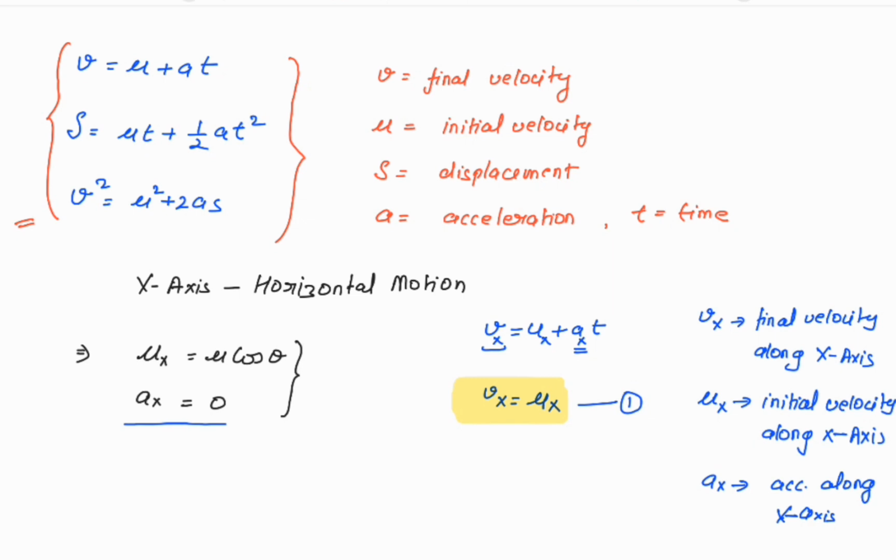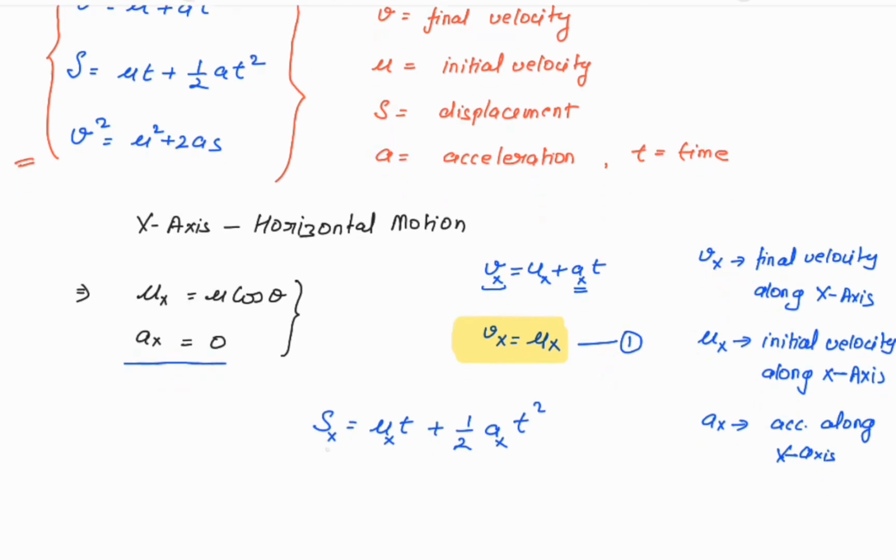Now, how to modify the second equation? We know the second equation is s equals ut plus half at squared. First write the equation as it is, and write x because it represents the x-axis or horizontal motion. Now I'm going to calculate sx, which will be equal to ux multiplied by time.